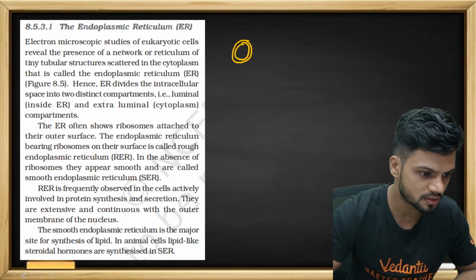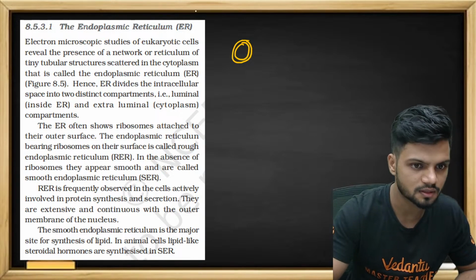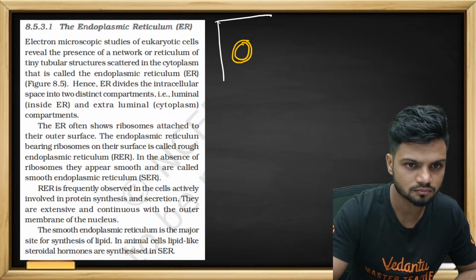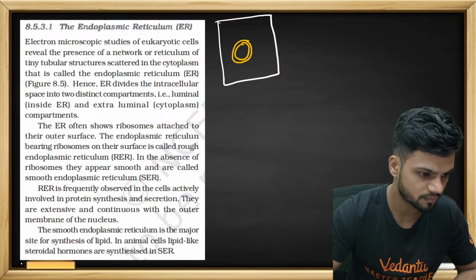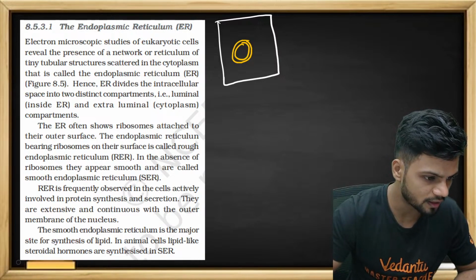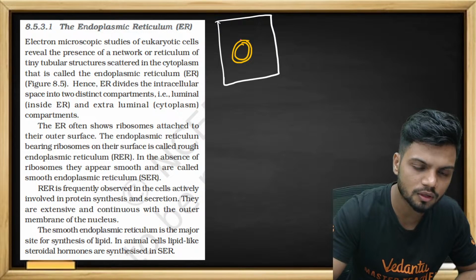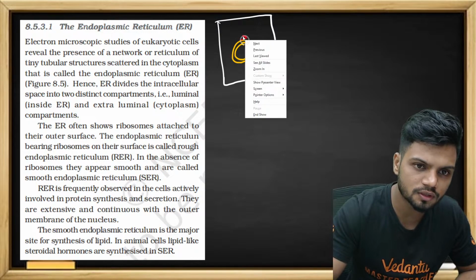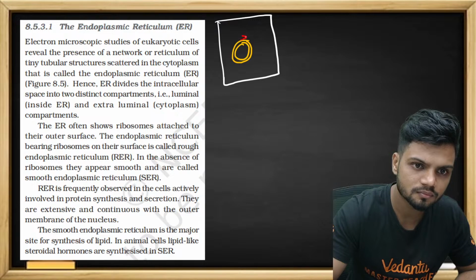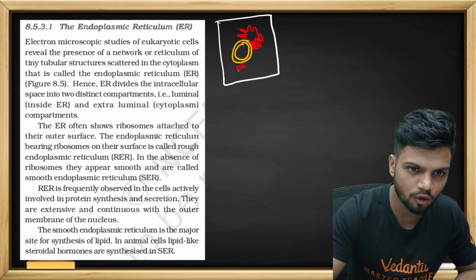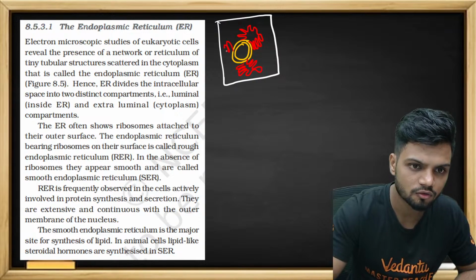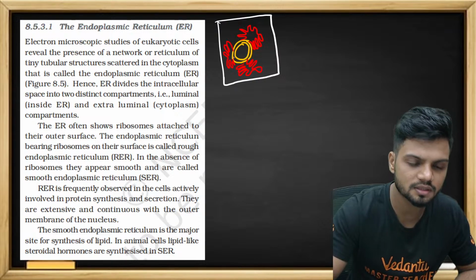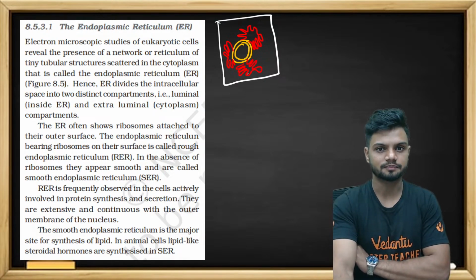Double membrane nucleus, and we have the cell. Cell is here. Can you see this is the outer wall, right? From the outer layer of the nuclear envelope, we can see the development of ER.